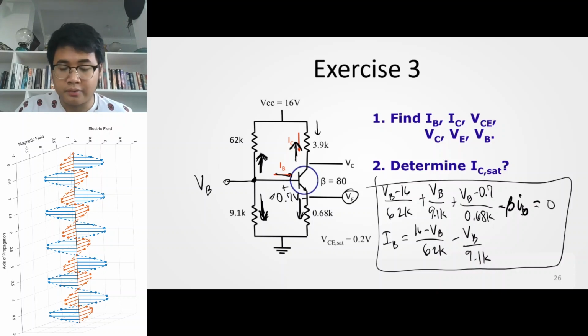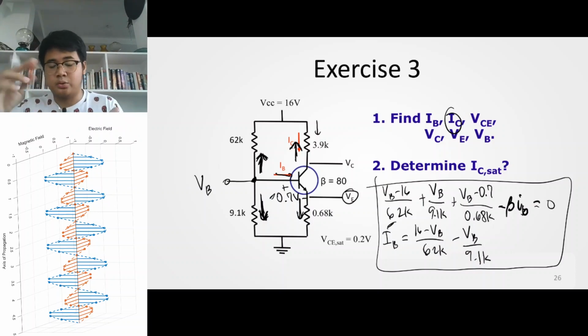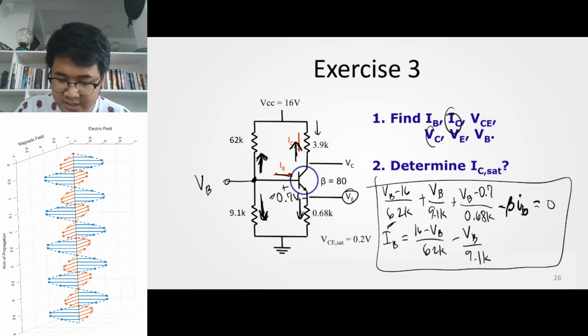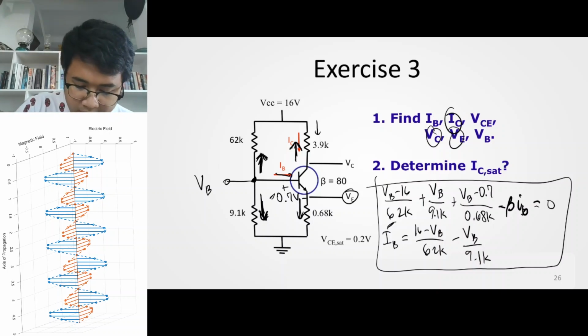Once you have solved for VB, you can solve for IC. So IC is equal to beta IB. You will be able to solve for IB once you have plugged in the coefficients of the 2 equations with 2 unknowns in your calculator. Then you can solve for VC and VE using nodal analysis. VC can be solved by knowing IC.